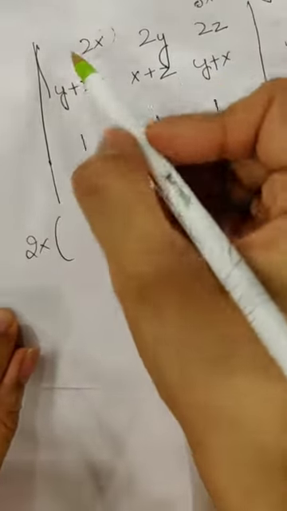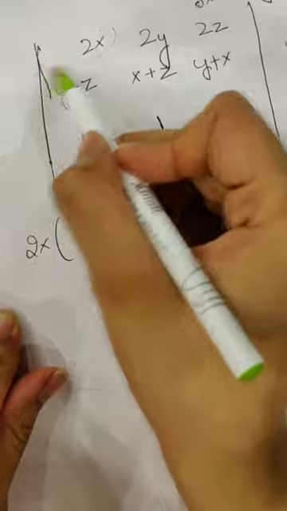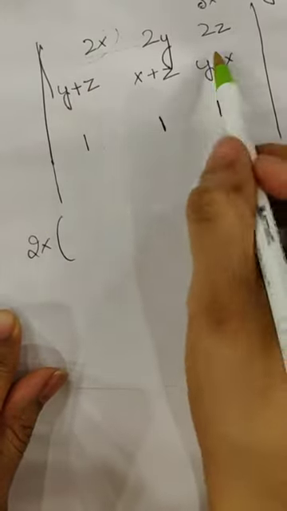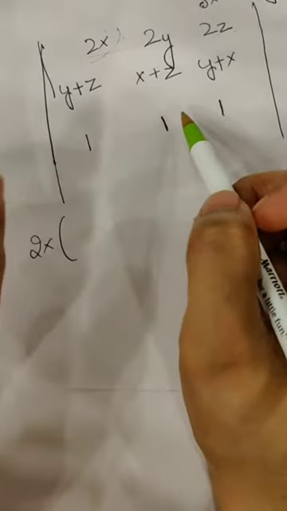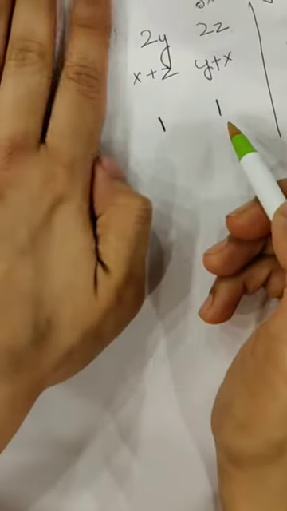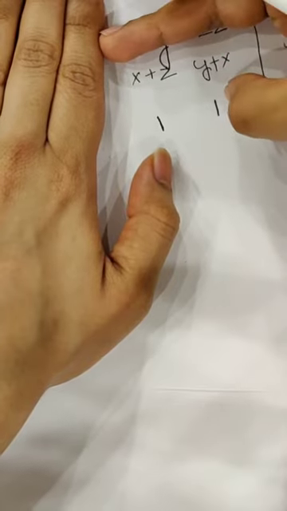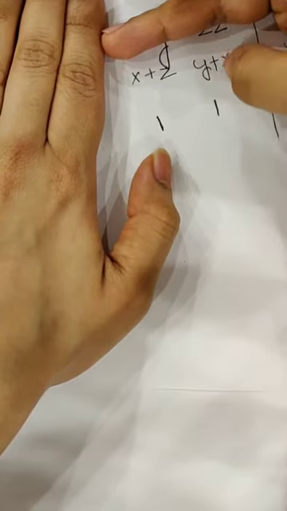Now what you do is you cross this row and you cross this column. So whatever is left, you cross multiply them. So basically hiding this thing and this thing: x plus z into 1 minus y plus x into 1. So that is the rule.